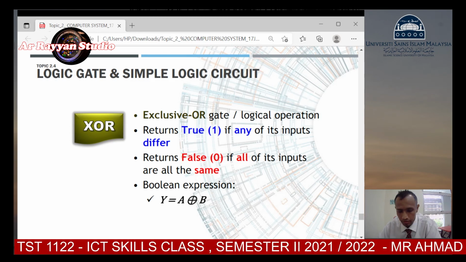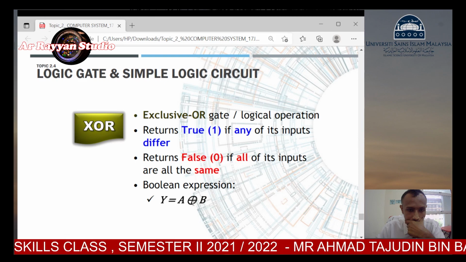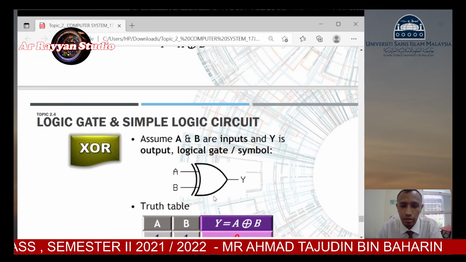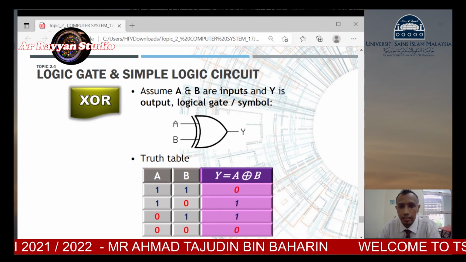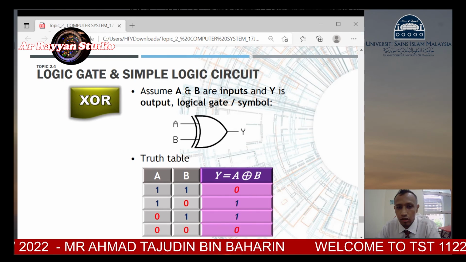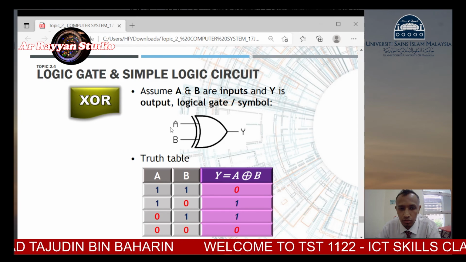Okay, the Boolean expression equal to A XOR B. Okay, look at the truth table. Assume A and B are inputs and Y is output. This is a logical gate of XOR. There are the 2 input and 1 output.